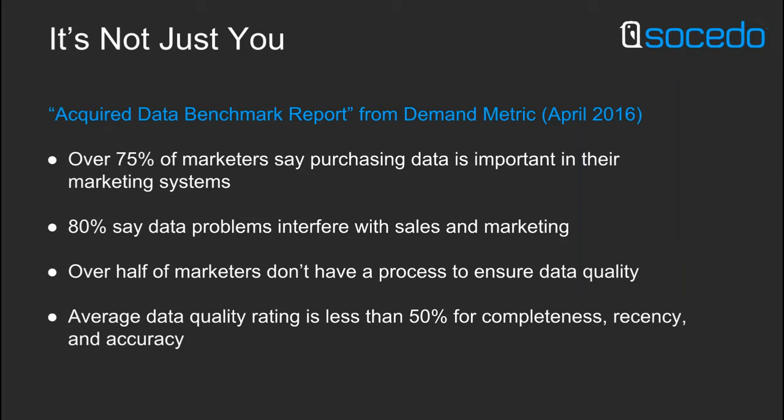Which means if they have some bad data in their system, it could just persist until the end of time. We also know that data goes stale very quickly, and if you're not updating your data over time, you could have data from 12 months ago that's already out of date. People change jobs, they change job titles, companies change what systems they're using, et cetera.